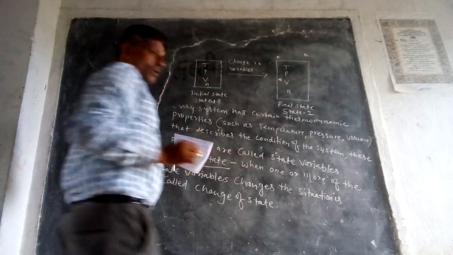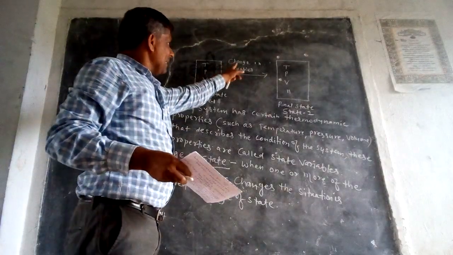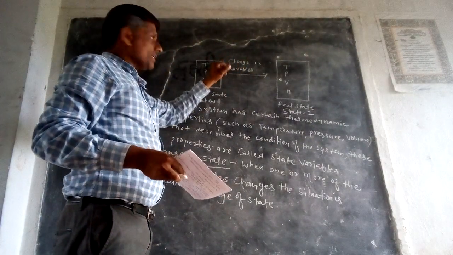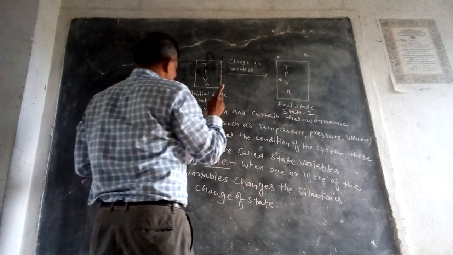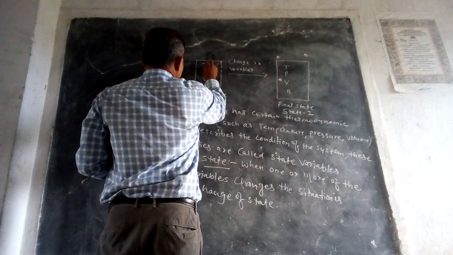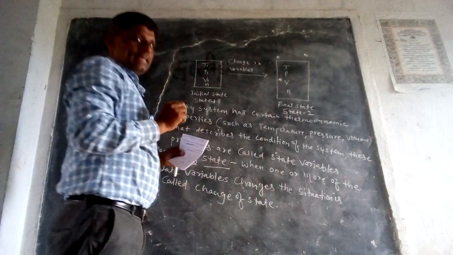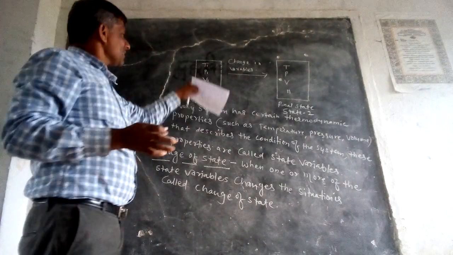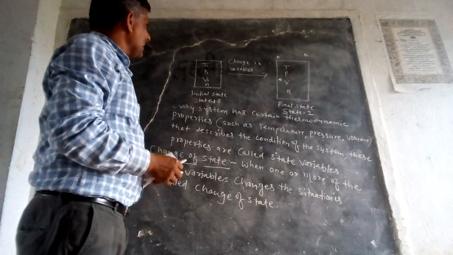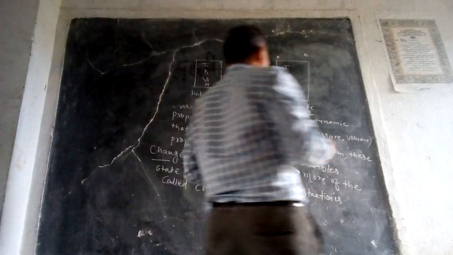Now you might be confused that I have written change in variables but the values are the same. I am correcting that: say the values are P1, T1, V1 in the initial state, or state number 1, and N is the amount of substance that is fixed.